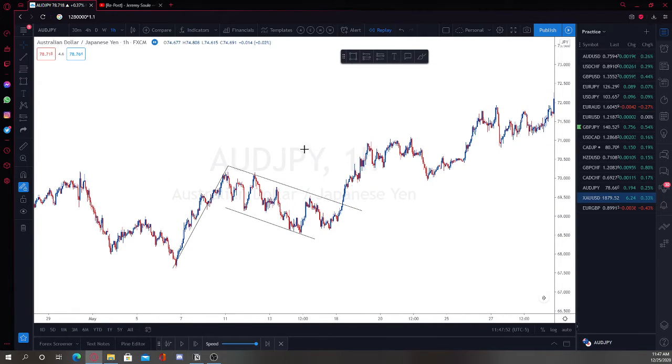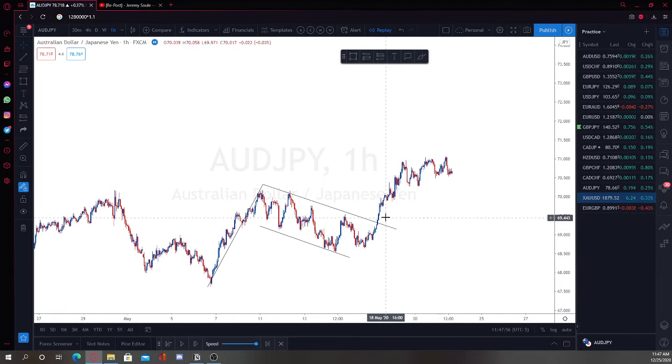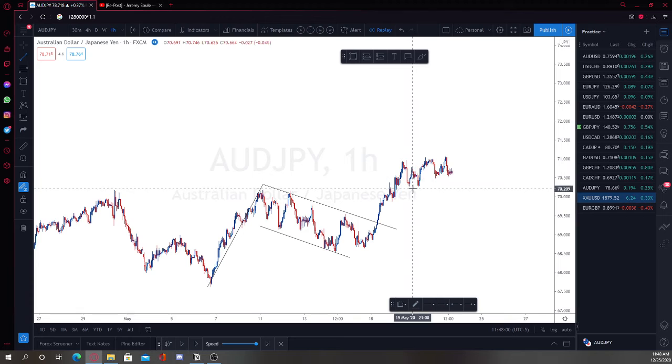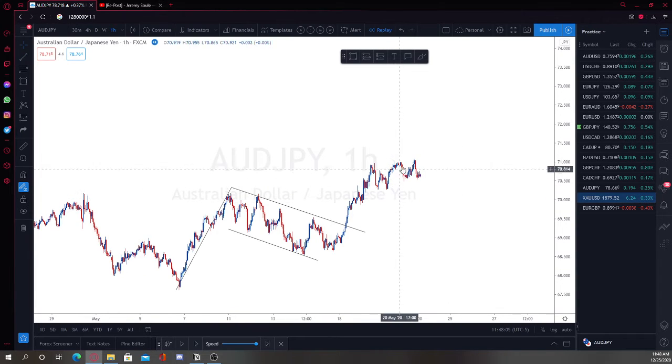Now, following that, you can see we have a strong impulse, and we can see price is beginning to move correctively. All right, it hasn't really continued up much. It's just really moving sideways at the moment. We need to see if it pulls back or continues up, so we can get a good idea as to what pattern could potentially be forming.